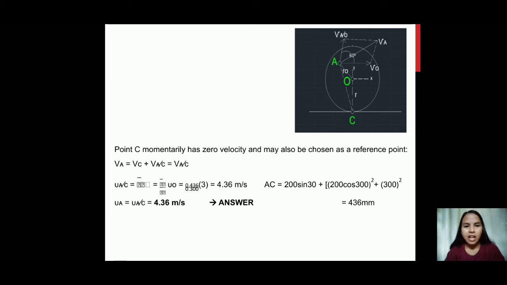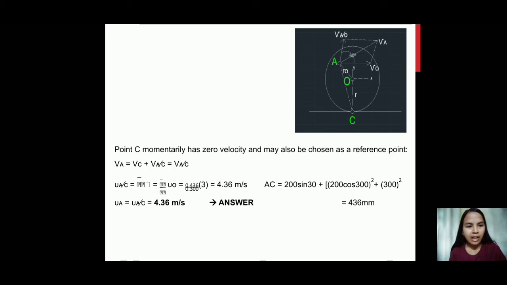So velocity A is equal to velocity C plus velocity of A with respect to C, which is equal to velocity of A over C. And velocity of A over C is equal to line AC times the angular velocity, which is equal to line AC over line OC times the velocity.